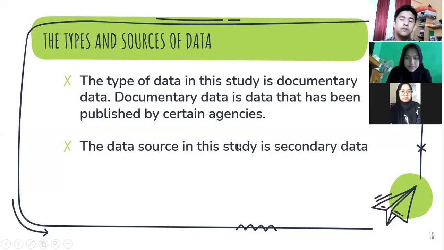Next, the types and sources of data. The type of data in the study is documentary data. Documentary data has been published by certain agencies, and the data used in the study is secondary data.